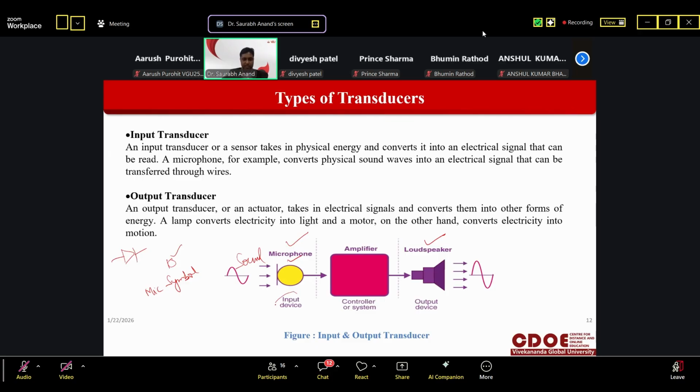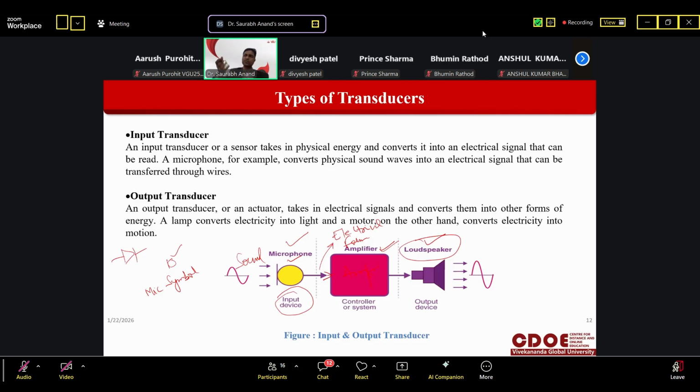This device is the input device because we are giving the signal to it. After that it will be converted into electrical form, and this electrical form is applied to the amplifier. The amplifier will amplify the signal as required and send it to the loudspeaker.